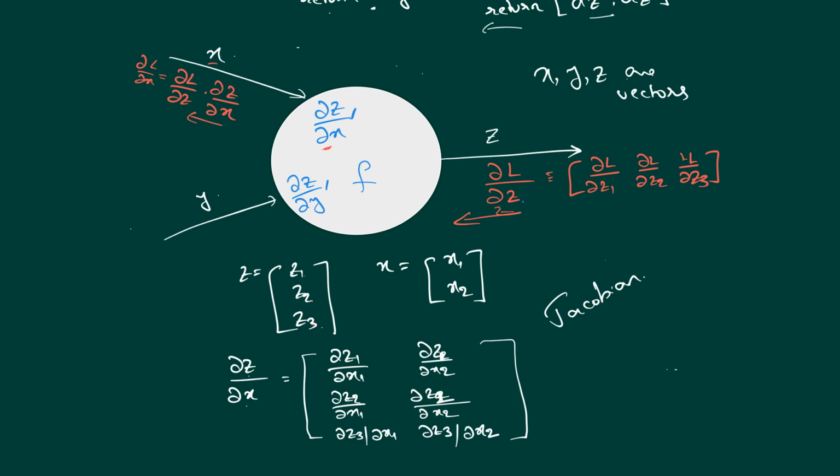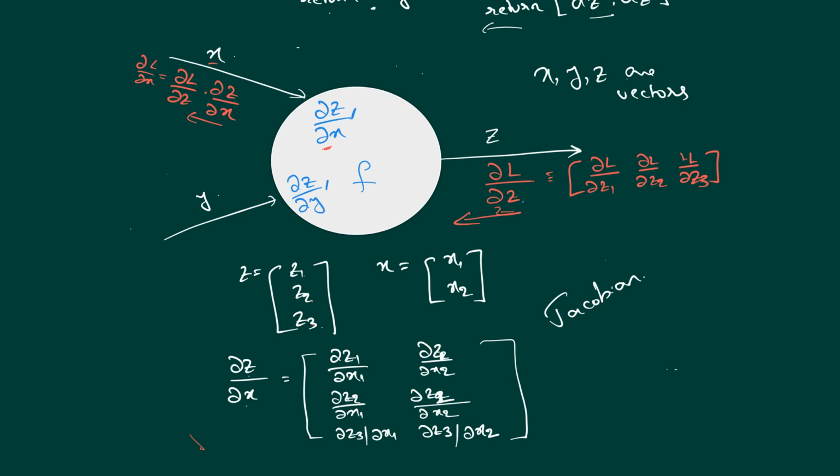And what we'll see out here also is that del L by del x, if you just go through the left multiplication, has a row vector on the left side, and then we have this Jacobian. If you just quickly go through it mentally, you'll see that del L by del x is going to be another row vector, which is del L by del x1, del L by del x2.